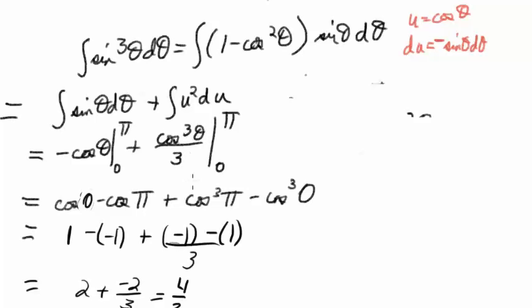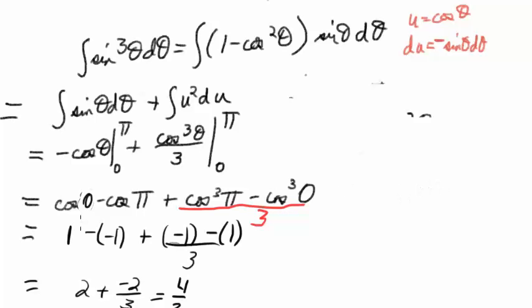Integral of sine is negative cosine, so we're going to take negative cosine theta from 0 to pi. I just reversed the integral here, so instead of cosine pi minus cosine 0, I just reversed it. Cosine 0 minus cosine pi plus cosine cubed of pi minus cosine cubed of 0, all that divided by 3.